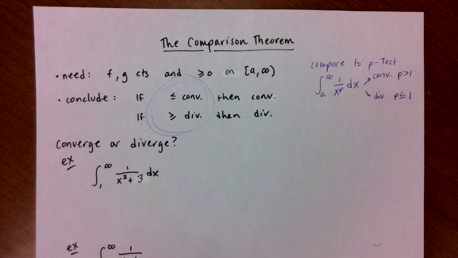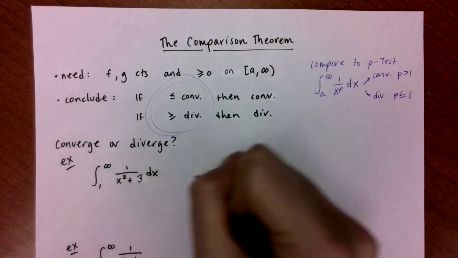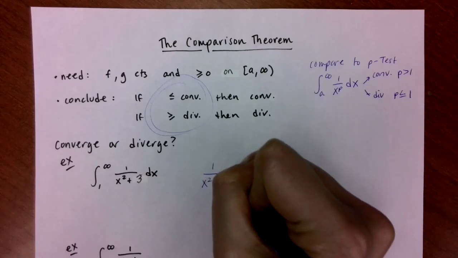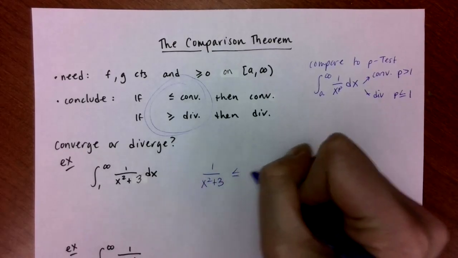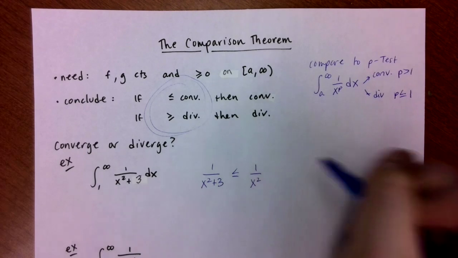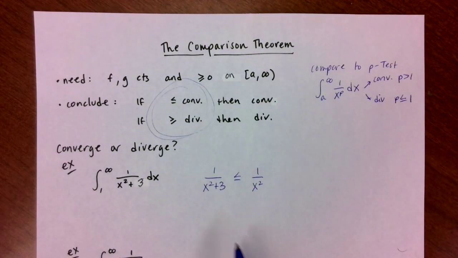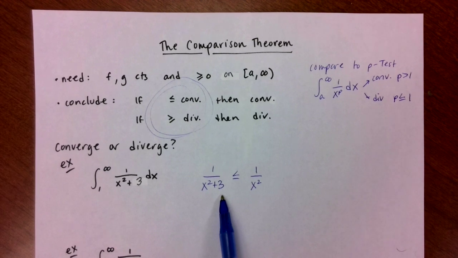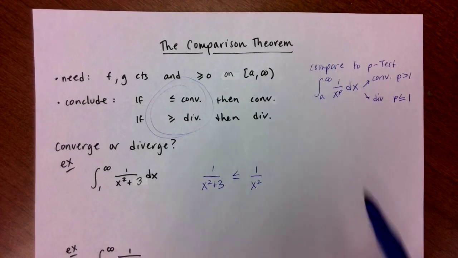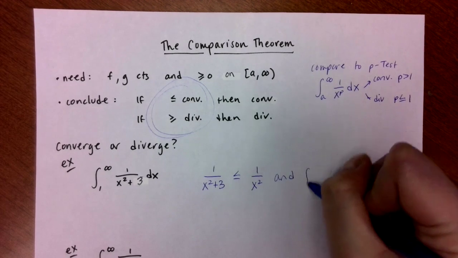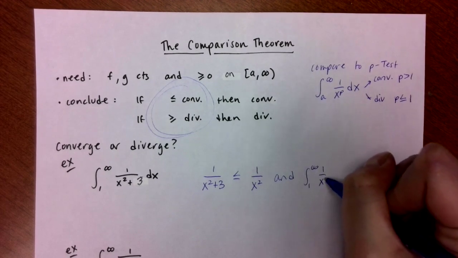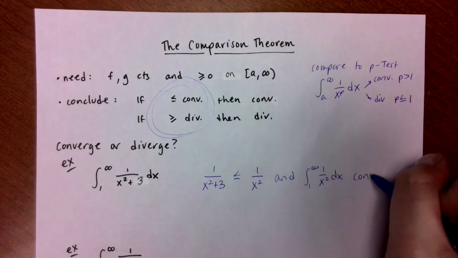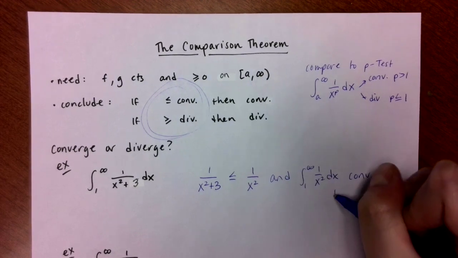So what we can do is say, well, this function, 1 over x squared plus 3, term for term is less than or equal to 1 over x squared. This has the bigger denominator, so it's the smaller fraction. And I know that the integral from 1 to infinity of 1 over x squared dx converges by the p-test.